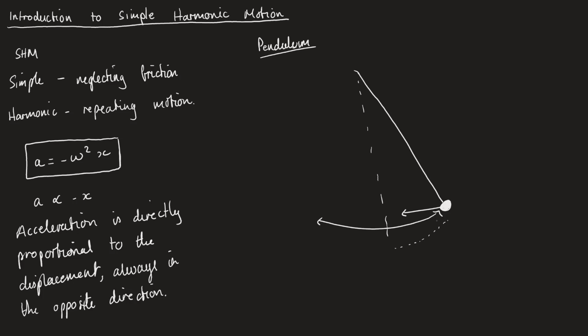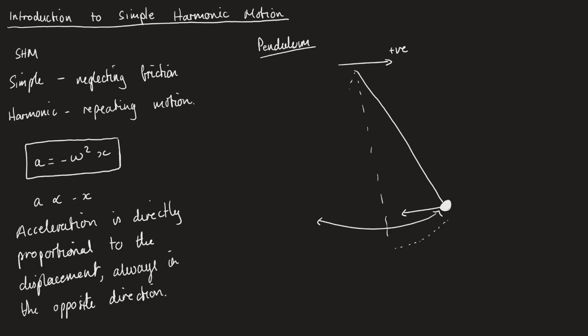And so for this whole thing, if we define this direction to be positive, everywhere where the displacement is on the positive side, the acceleration is pointing to the negative. So acceleration is always negative when the displacement is positive.